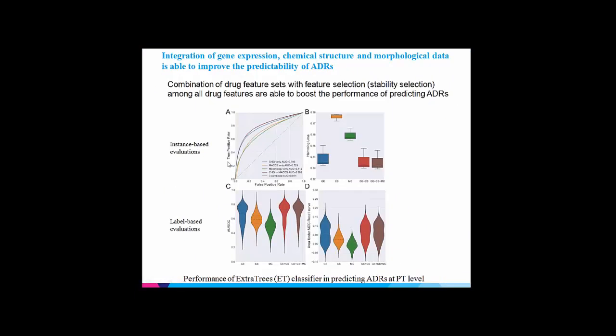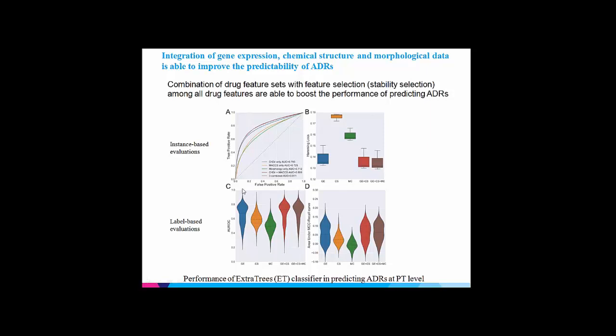And for the raw curves here, this is instance-based evaluation. That means during my training fold, I predict the ADRs for all the drugs in the training set, look at each individual drug, sort the side effects based on the probability from the classifier, and then plot a raw curve for this one drug.